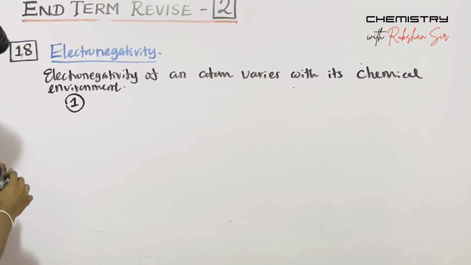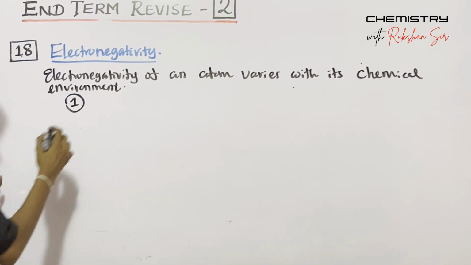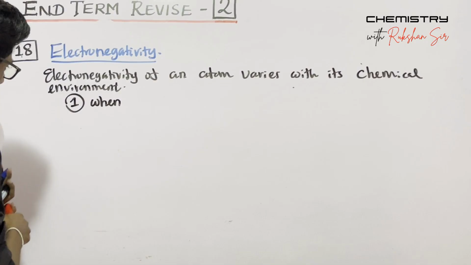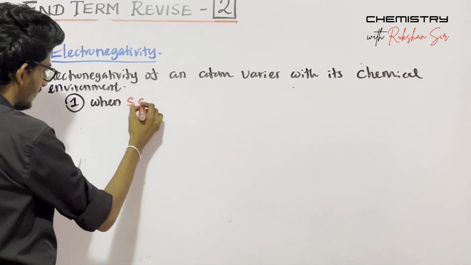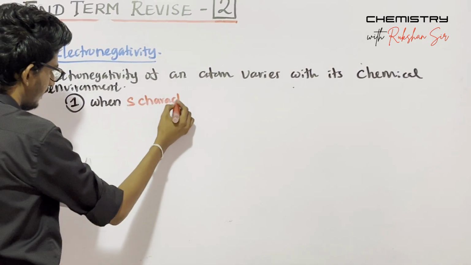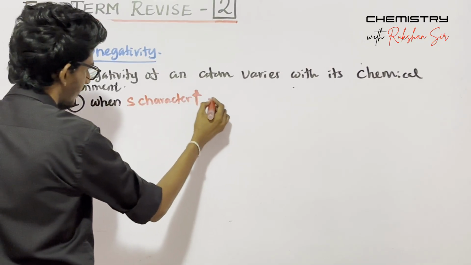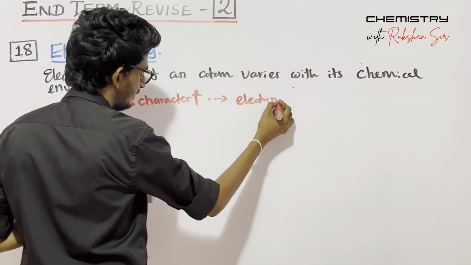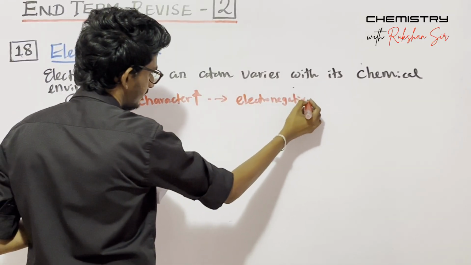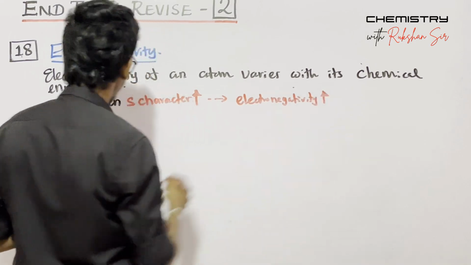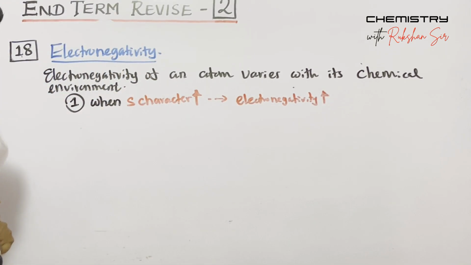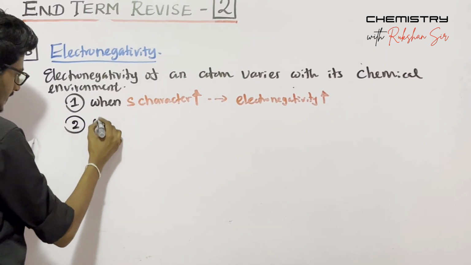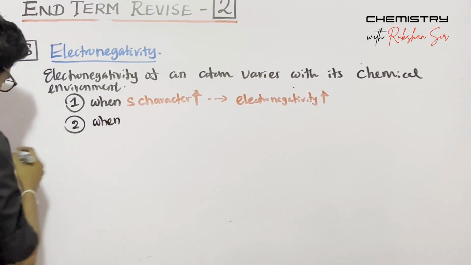First, the hybridization. When the s character of the hybridization is high, your electronegativity is high. The second consideration: when the hybridization is the same, we have to consider the charge on the atom.